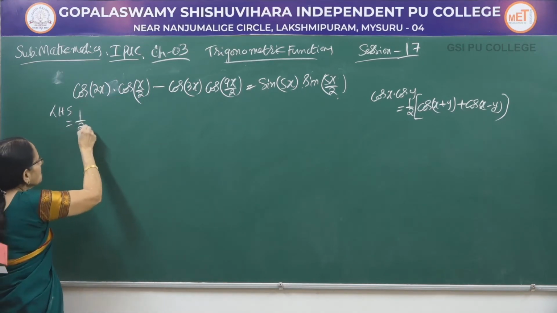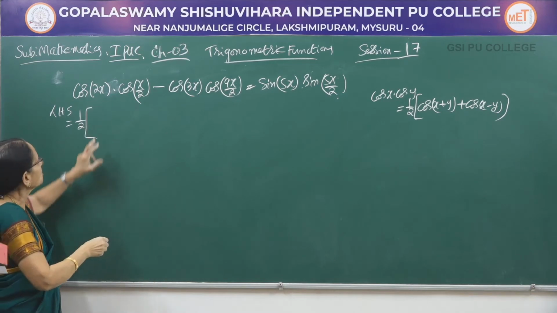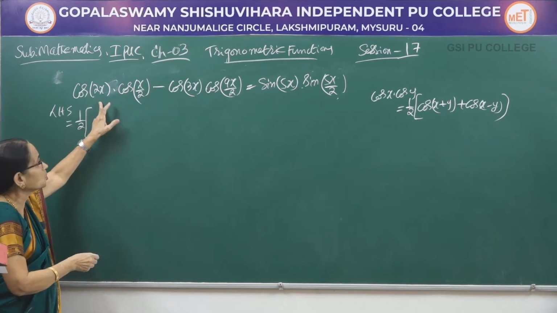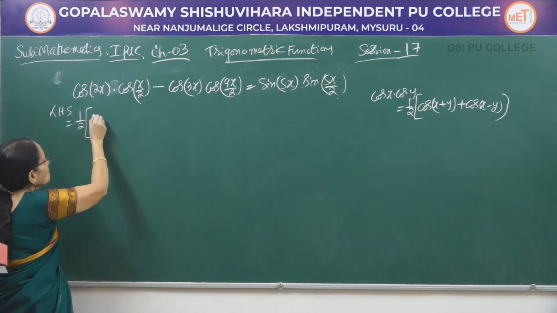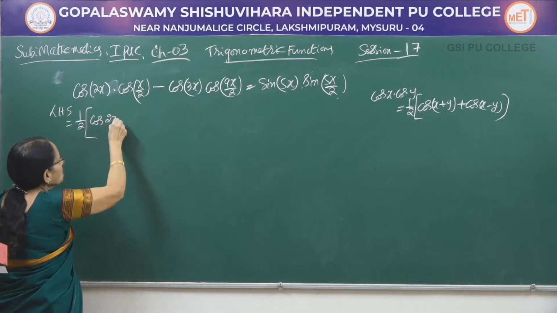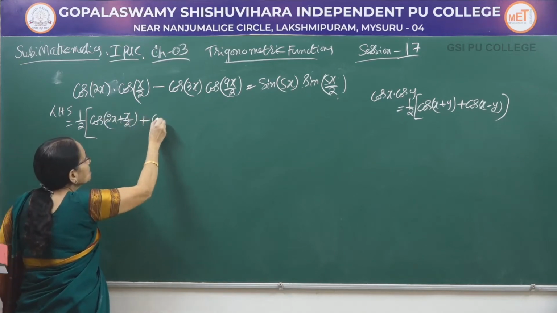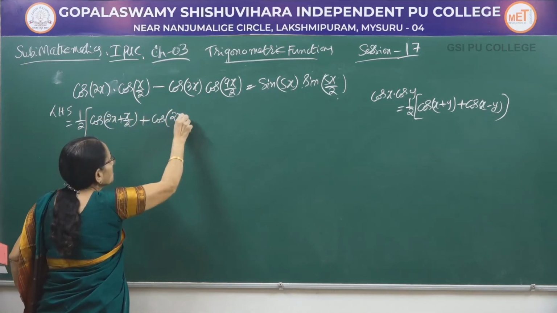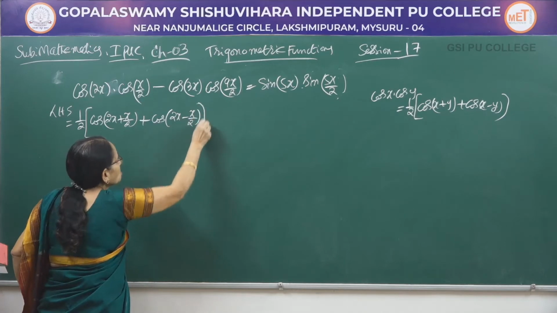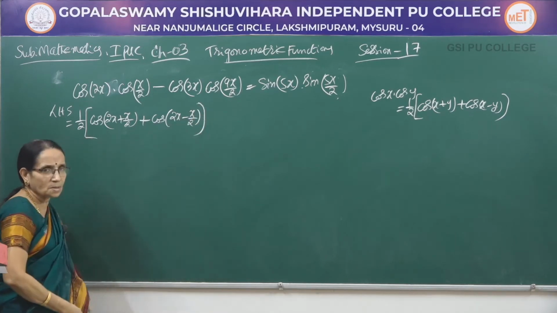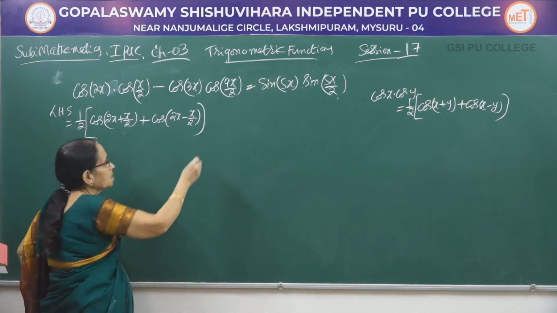So, I write here half of cos of x plus y, x means 2x, y means x by 2. So, cos of 2x plus x by 2 plus cos of 2x minus x by 2. Say once we add, then we subtract. These angles are same. Close the bracket.